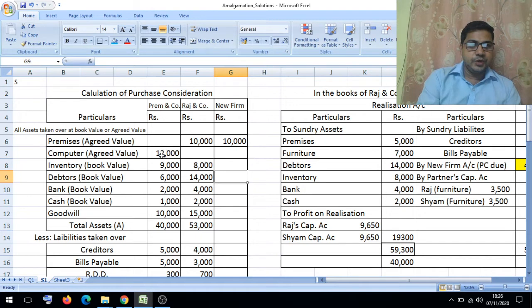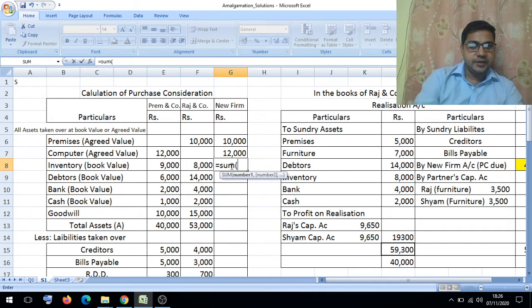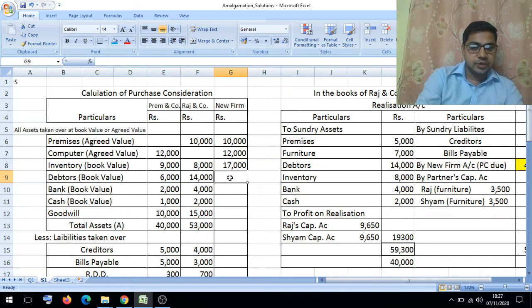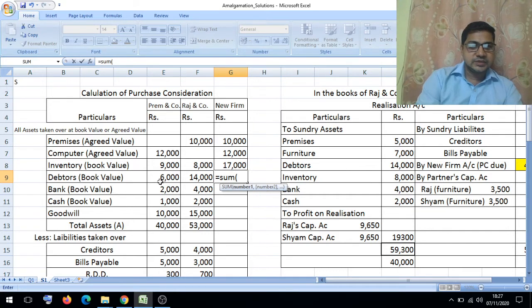Then computer 12,000 plus 0, so 12,000. Then inventory: we write the total inventory of Prem and Raj, total is 17,000. Then debtors: 6,000 plus 14,000, total is 20,000.